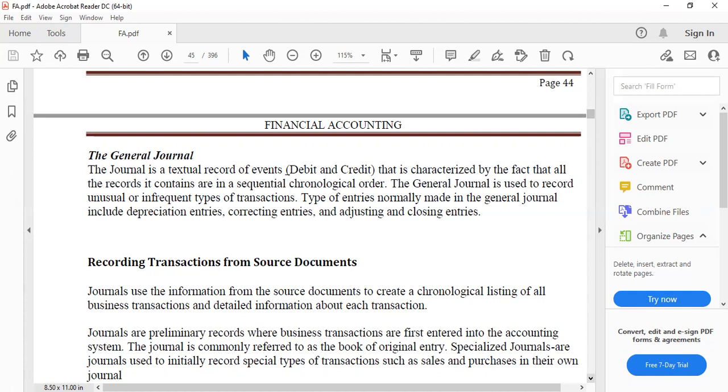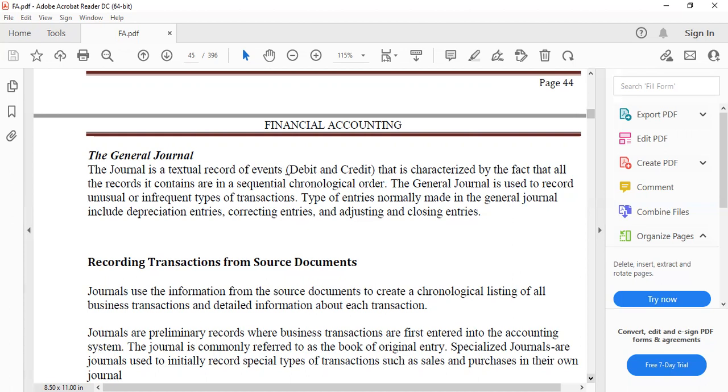Like this, let me give an example. If you purchase or you buy water, you buy electricity, those are information that you cannot transfer to other journals. You bring them to the general journal. Basically, the general journal is for those transactions that cannot actually fit in any other journal.